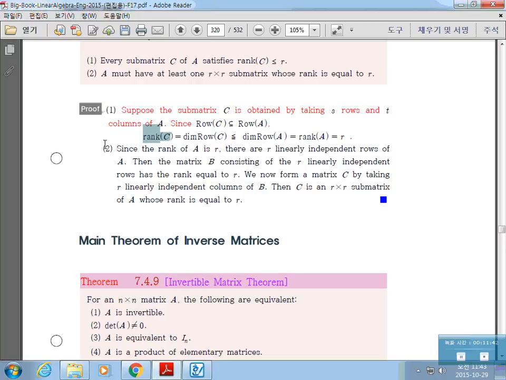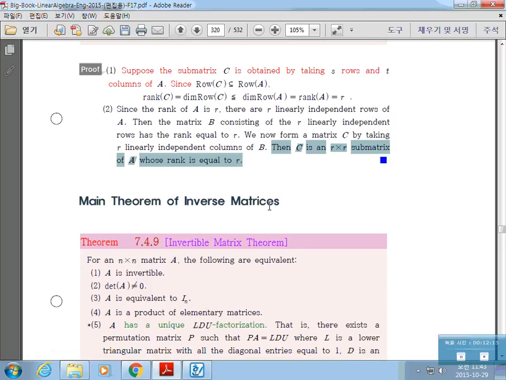Second part: suppose the rank of A is R, then there are R linearly independent rows of A. Choose them, then the matrix B consisting of R linearly independent rows has rank R. And now we form a matrix C by taking R linearly independent columns of B, then C is an R by R submatrix of A whose rank is equal to R. So we just choose linearly independent rows and columns to form an R by R matrix whose rank is R.